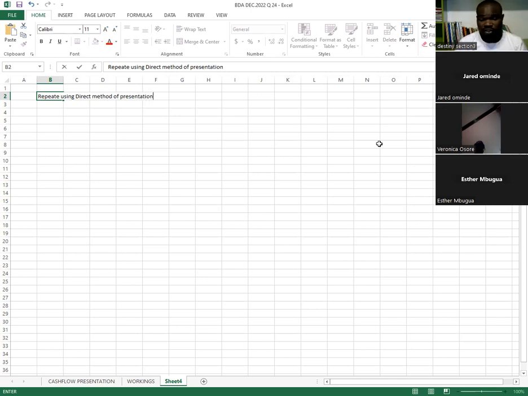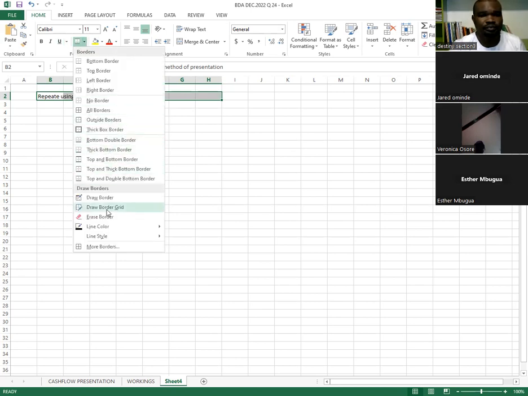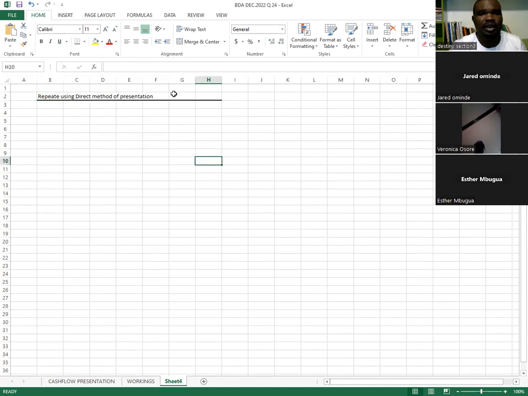So under direct method, we are repeating the operating activities only. So you'll write here, shillings were in thousands, millions actually. Shillings were in millions. So we just need 1 column. So operating activities.